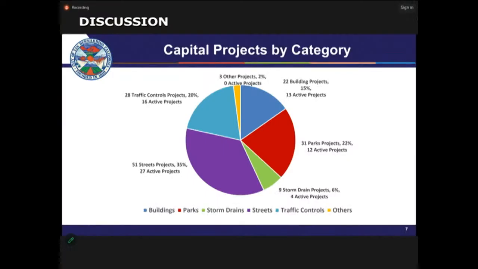So, for example, in the 51 streets projects, which represents 35% of the overall project portfolio, 27 are active projects. For parks, which is our next largest project category, there's 31 parks projects, and 12 are active. As you can see, both streets and parks projects make up more than half of the city's CIP. And more project detail will be provided as staff goes through the specific project details.